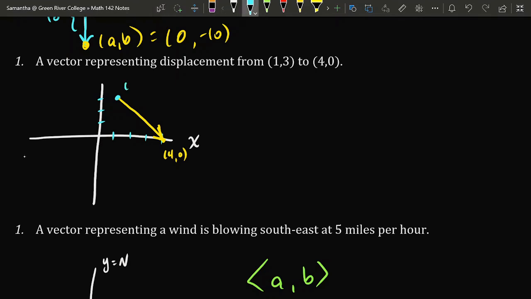This point is located with its tail at 1, 3, the initial position in our movement. In order to find the components of this vector, we're going to have to imagine shifting the vector so that its tail is at 0, 0 and not at 1, 3.